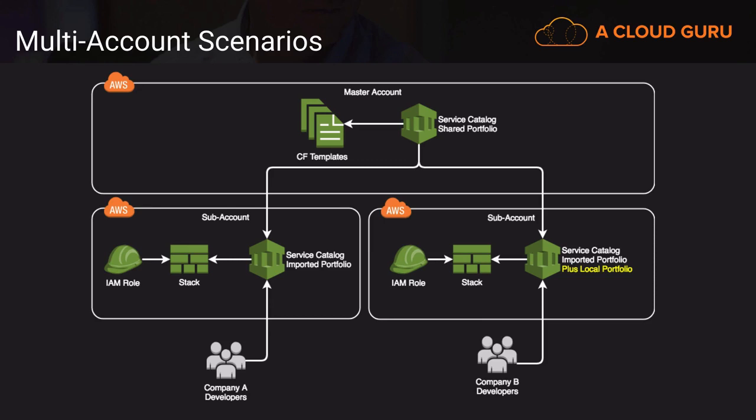And so by default, it's going to try to launch those resources in that original master account. Now, as an administrator of that sub-account, I can override that. I can create a local portfolio and then create a new launch constraint that uses a localized launch role. And also note that launch constraints are associated with a product in the portfolio and not at the portfolio level. So I can have individual roles defined for each and every product.